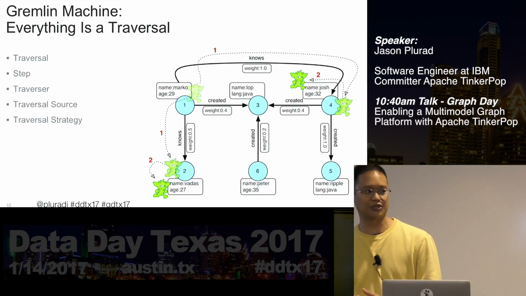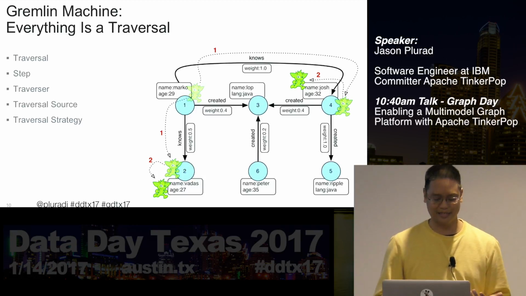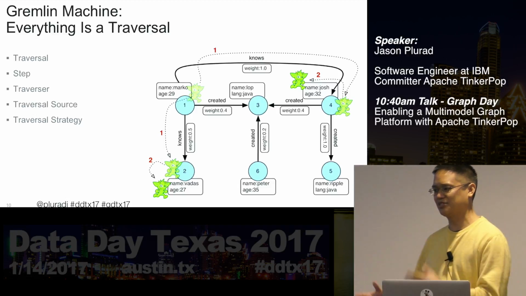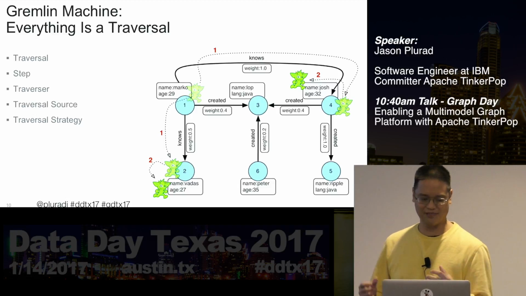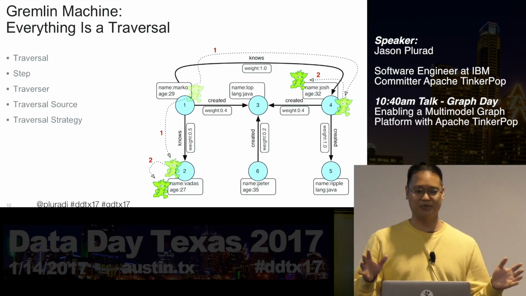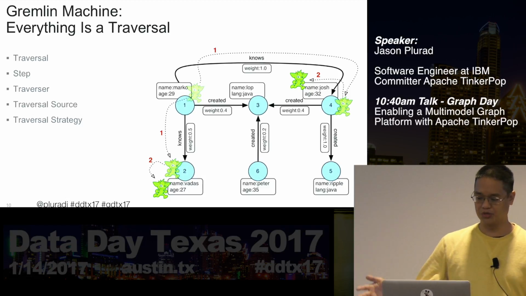They had Blueprints for the core graph API, there was Pipes for the connecting steps, and then Gremlin, the traversal language. In TinkerPop 3, all these concepts started to meld together into one kind of big blob, and now everything is a traversal, and Gremlin is basically everything. You do everything as walking through the graph.